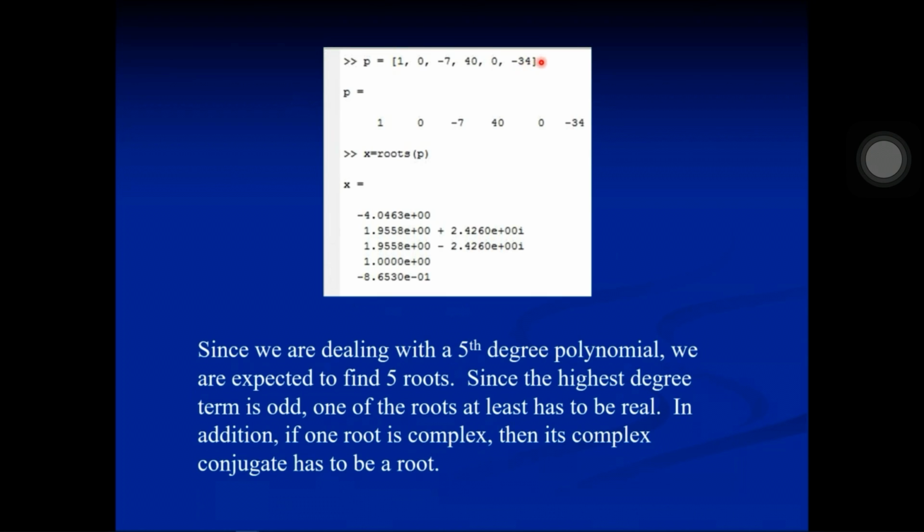If the polynomial has real coefficients, then one of the consequences is that if one root is complex, the complex conjugate of it is also a root. You see these two complex numbers? Same real part, but the imaginary part is plus and negative. That's what we call complex conjugate, right? So if a root is complex, then the complex conjugate has to be a root.